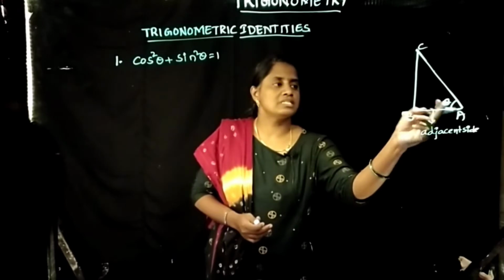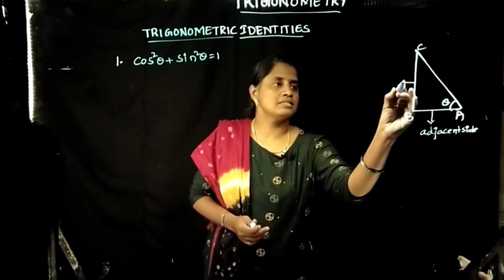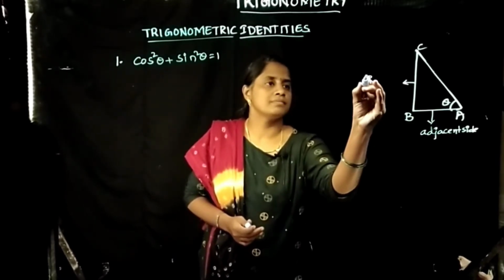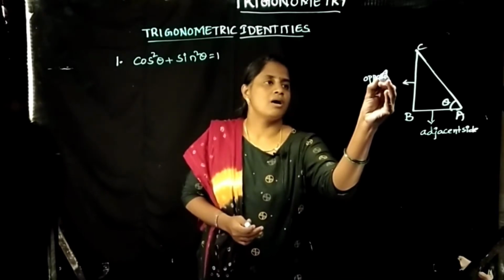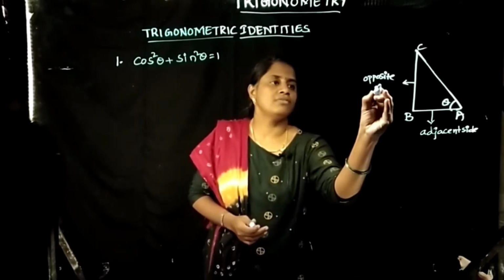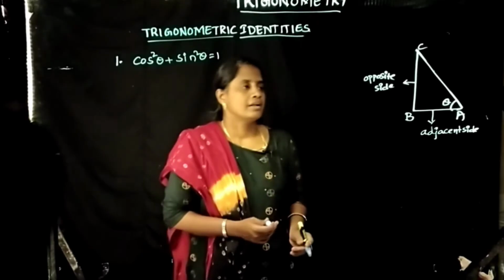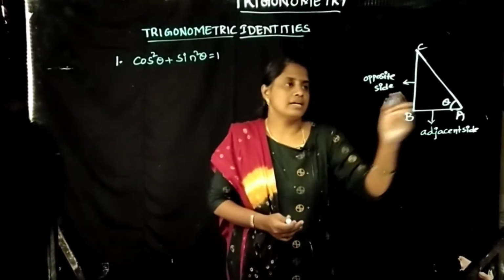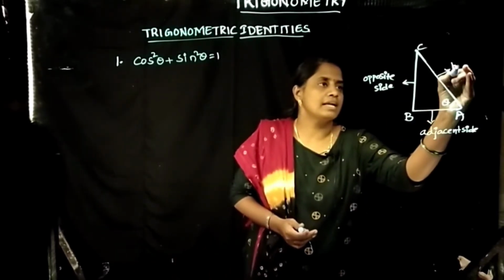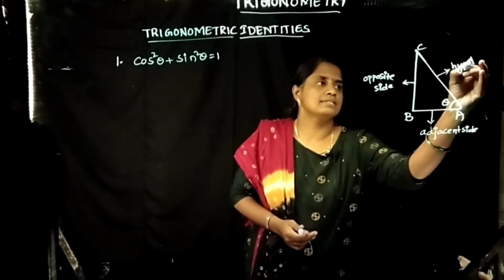The opposite side of angle theta is BC. Next, the largest side is always called the hypotenuse.